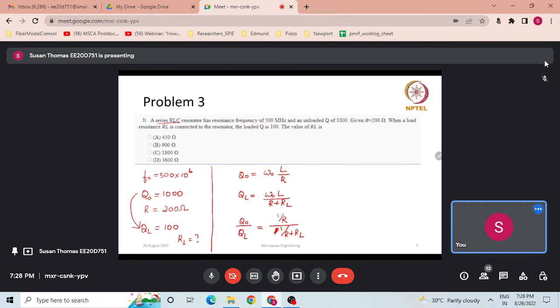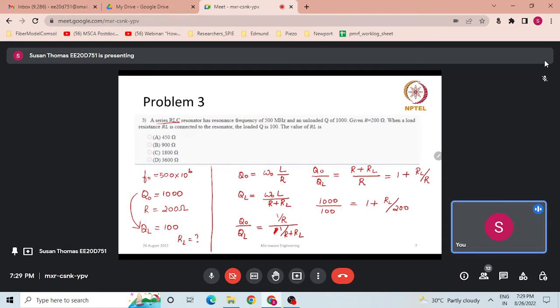So Q naught by QL is equal to R plus RL by R, or 1 plus RL by R. Now Q naught and QL are known: 1000 upon 100 is equal to 1 plus RL by R, where R is 200.